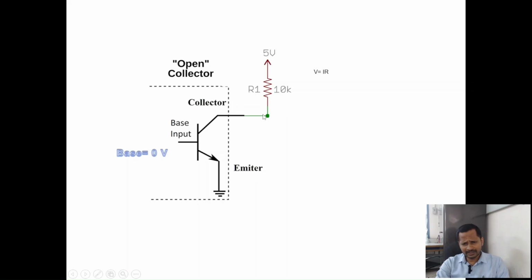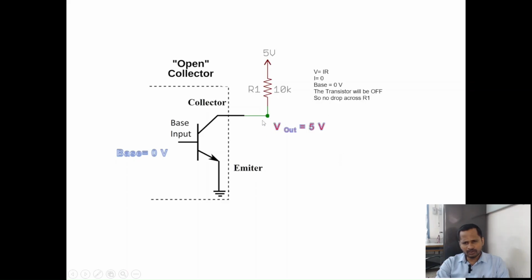Now let us see what voltage we get. As per the formula, V equals I into R. Since the transistor is in the cutoff region and there is no current flow, I is 0. So there is no voltage drop across the resistance.